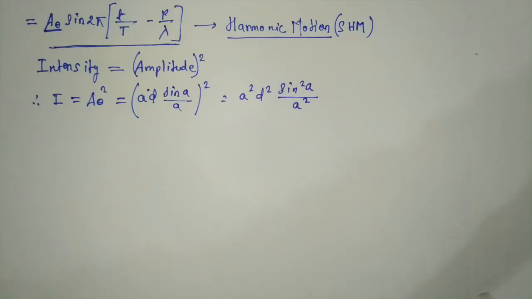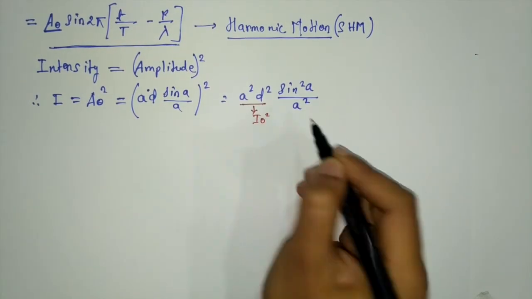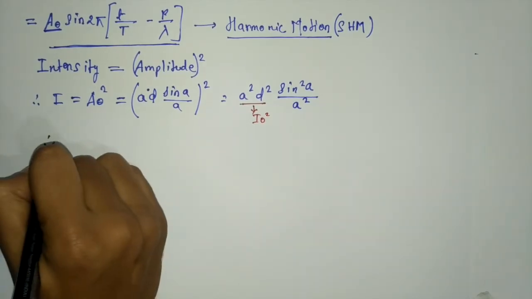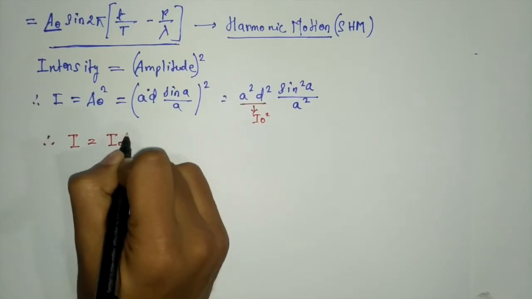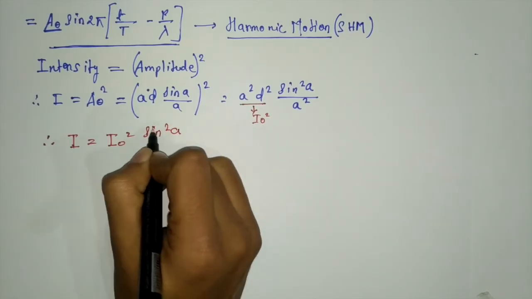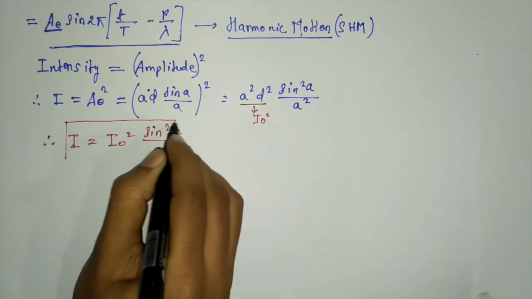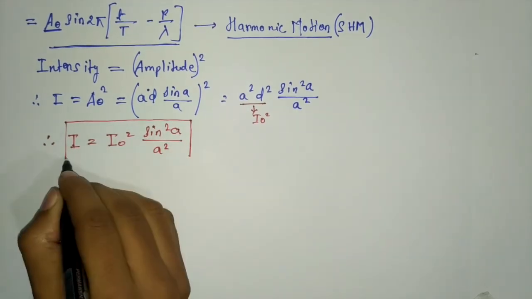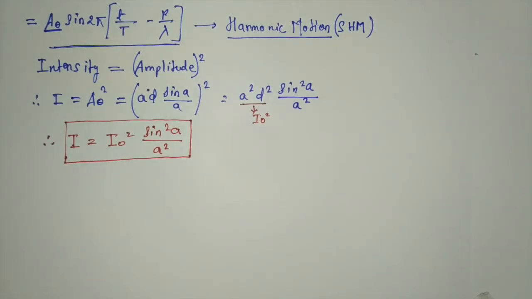Therefore, we can write this term as I naught, so we get the final formula as I is equal to I naught into sine square A by A square. So this is the formula of intensity regarding the Fraunhofer diffraction process.